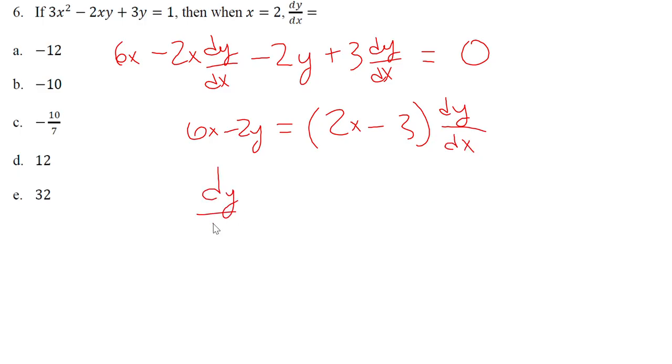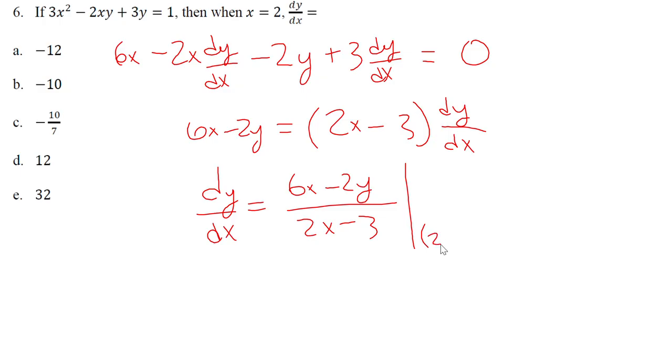So dy dx is just equal to 6x minus 2y over 2x minus 3, which should be easy enough for us to evaluate, except that we are only given an x value, right? So we need to evaluate this when x is 2, but we don't know the y value. So we have to go back to our original equation and replace all the x's with 2 so that we can then solve for y.